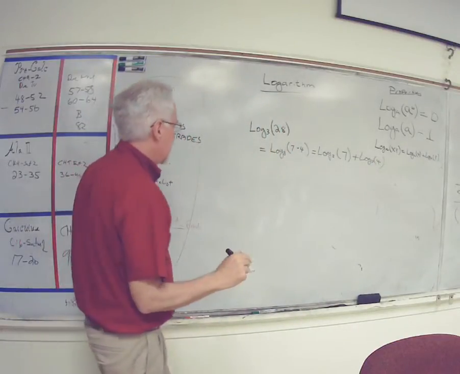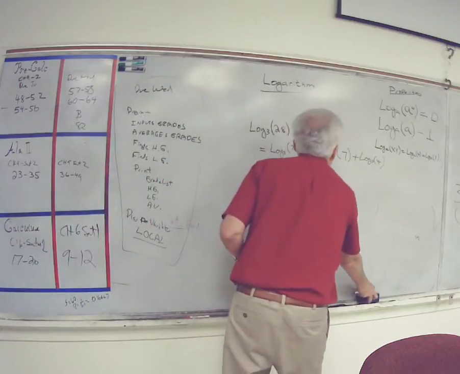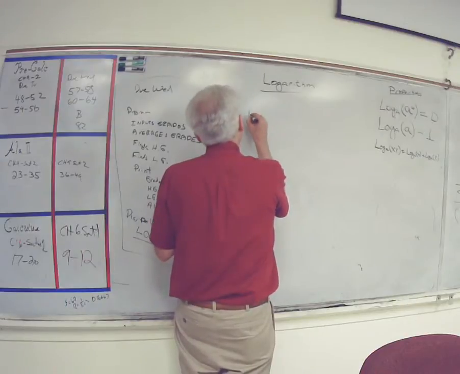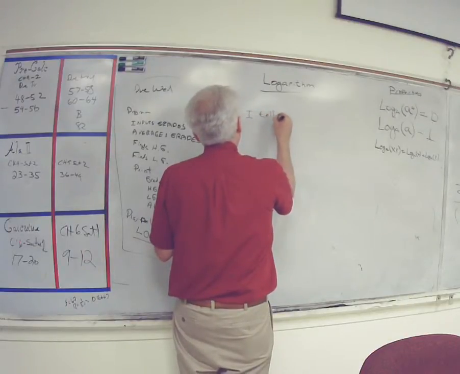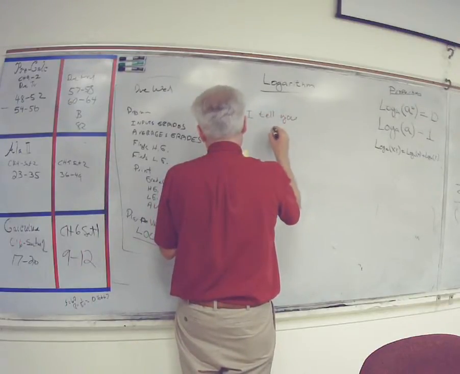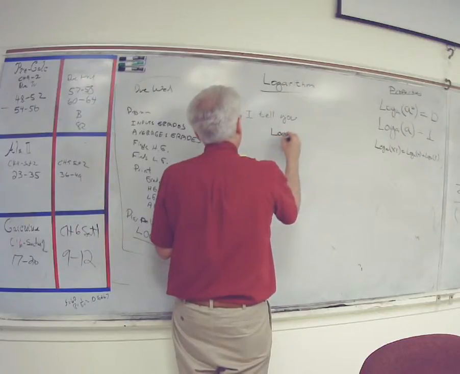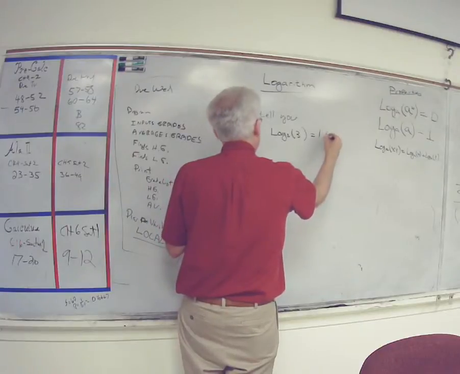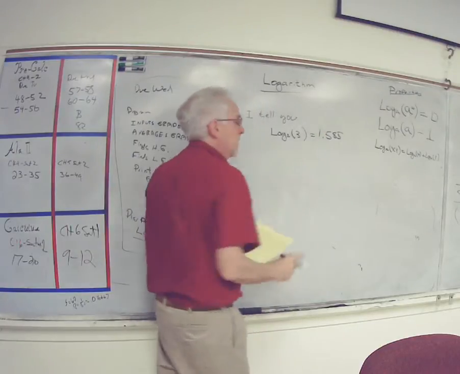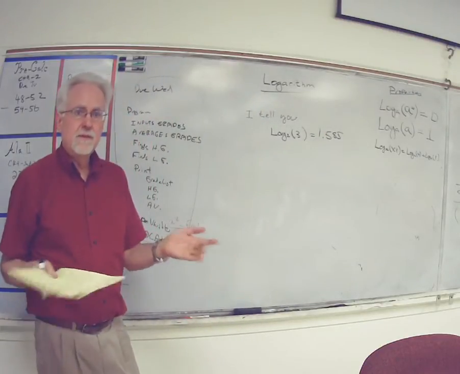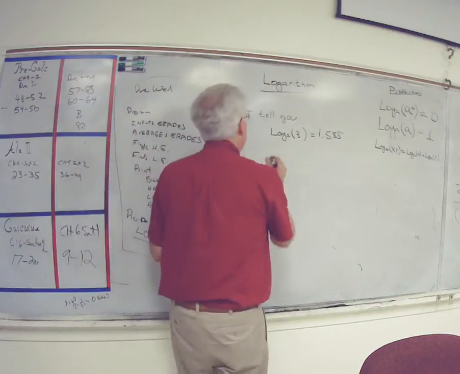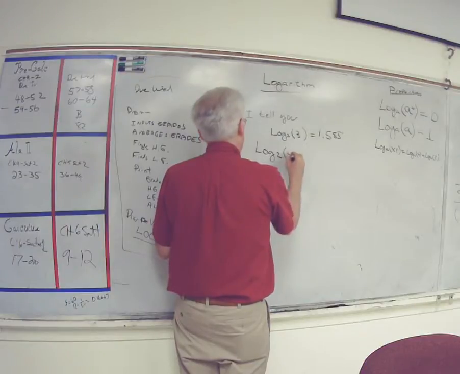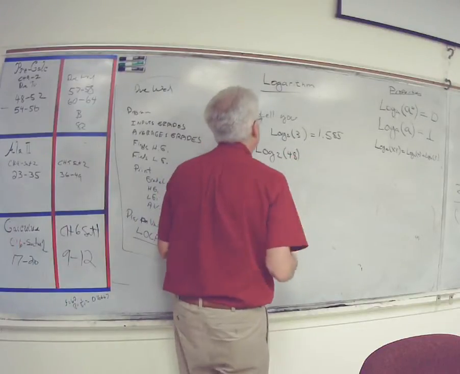Okay, and this is why it's important. Let me show you something. What if I told you that log 2 of 3 is equal to 1.585? That's free information. But then I'm going to ask you, what is log 2 of 48?